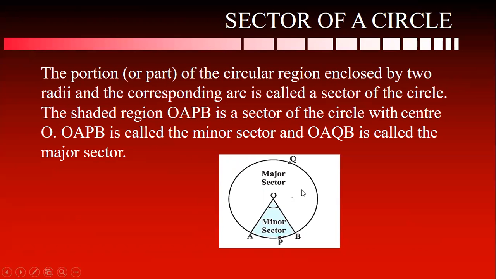Every time we denote a sector, we denote the center, the arc, and one point in between, which need not be the midpoint, it can be anywhere, so that we are sure whether it is a minor sector or a major sector. So over here, OAPB is the minor sector, OAQB will be the major sector.